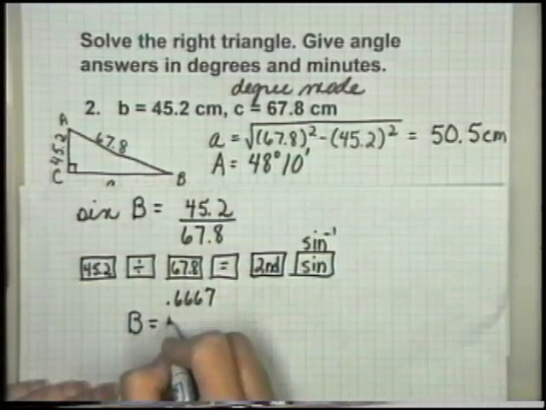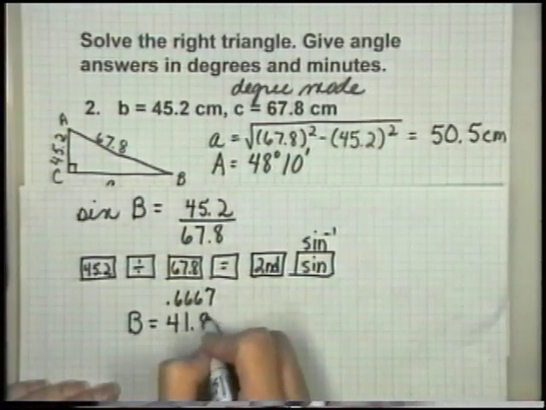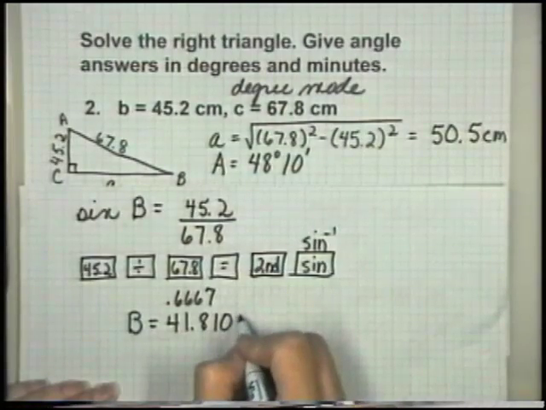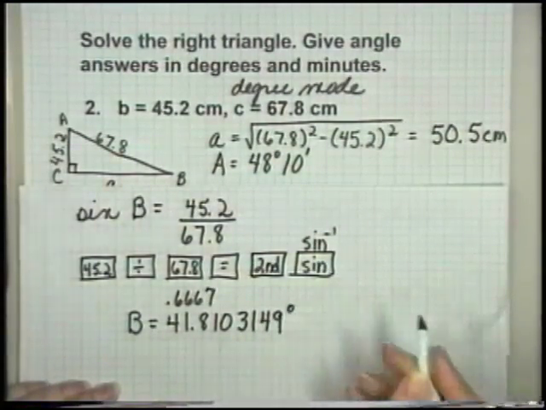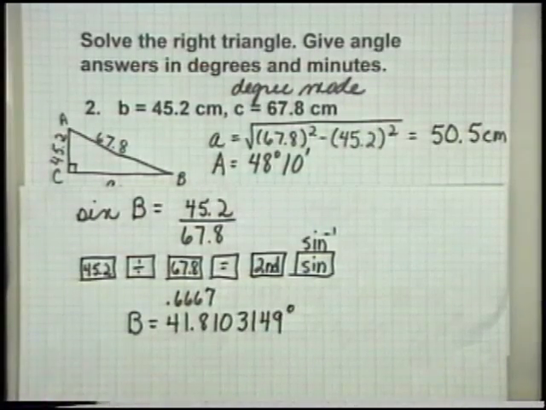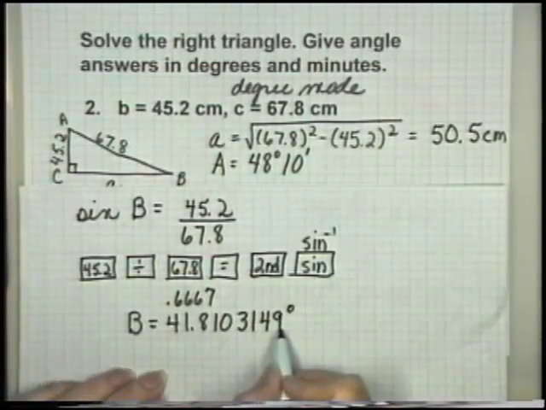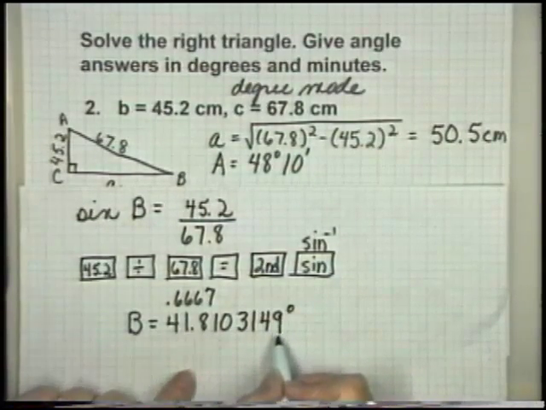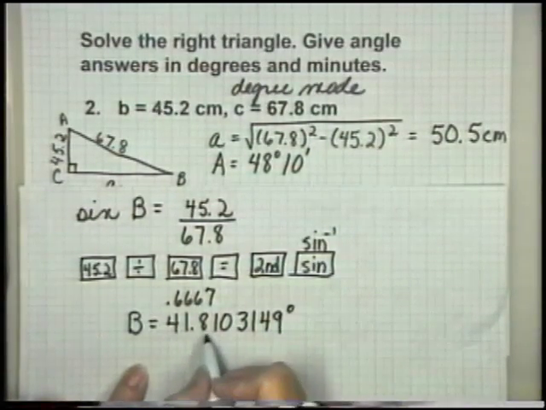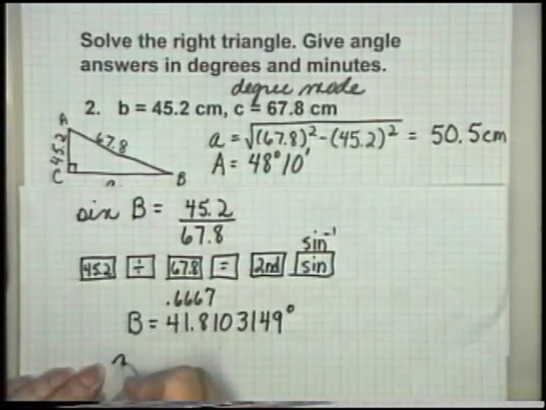And did you get that angle B equals 41 point, and then you get this long decimal depending on what calculator you're using and how you have the rounding set. And once again, we have to convert the decimal part, the part that is just part of a degree, into minutes.